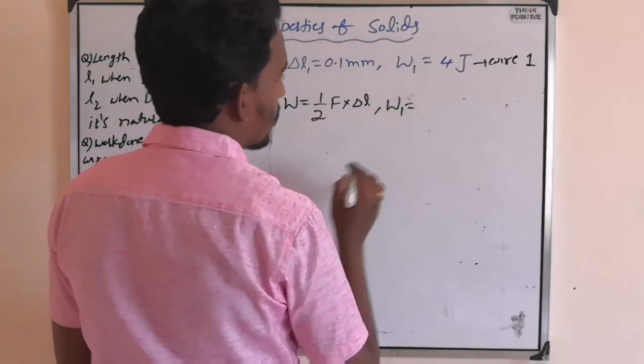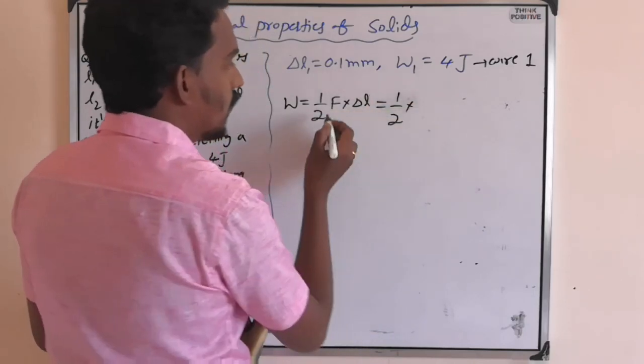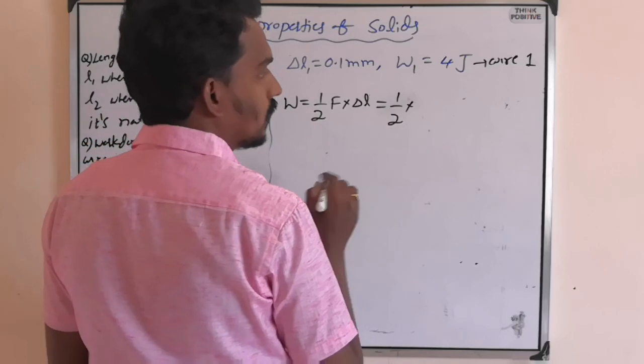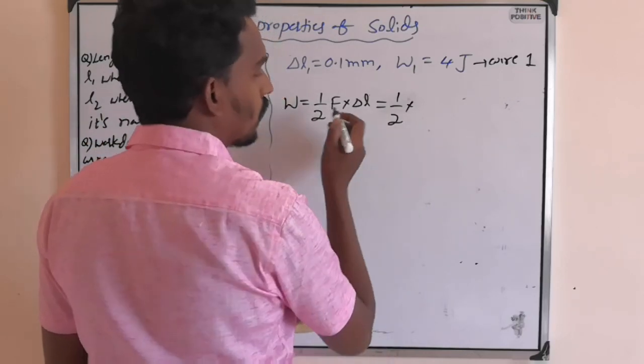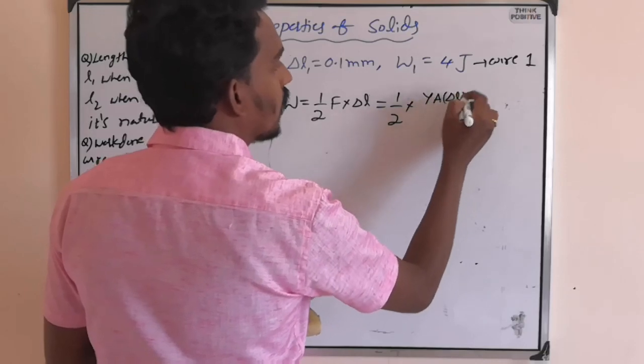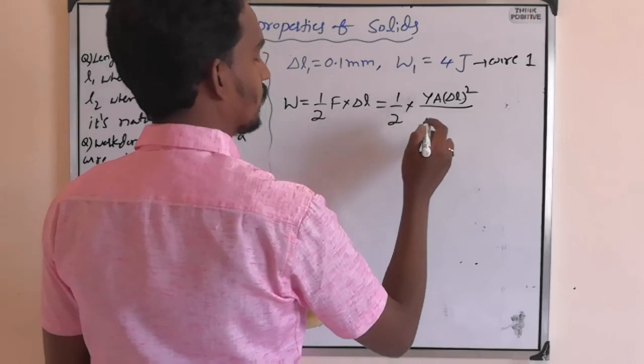First let me write the general equation: half into F, whose value we don't know. What can I write for F? From the equation Y equal to FL by A delta L, F equals Y A delta L by L, so work done has delta L into delta L, whole square.